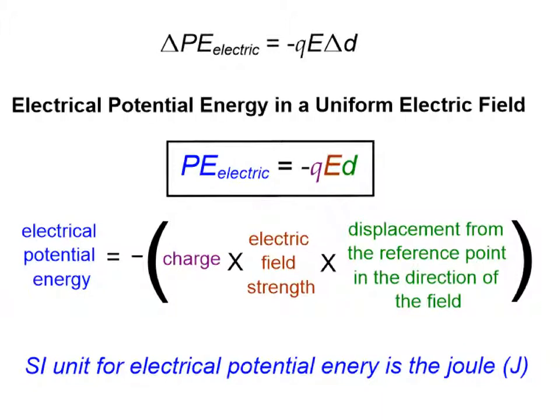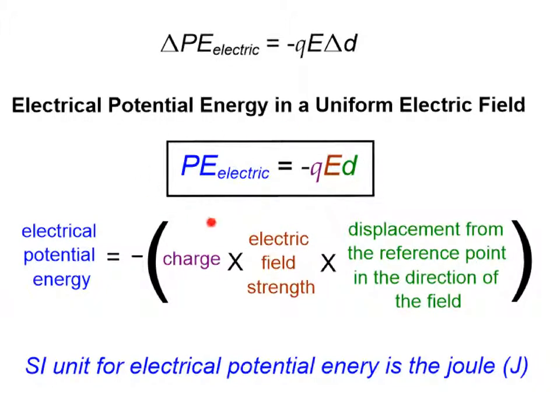So that brings us to our equation for potential energy. And for electric potential energy, it's the change or the difference in that energy that's physically important, right there. So if we simply write this expression so that it's the distance in the direction of the field from point zero or some zero level, we can simplify that equation to be this.